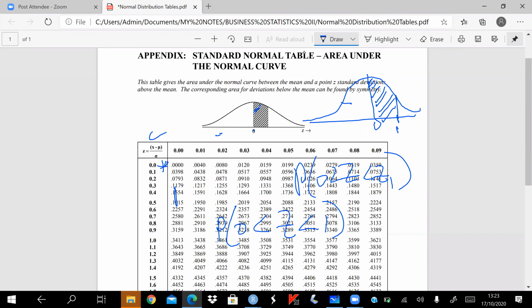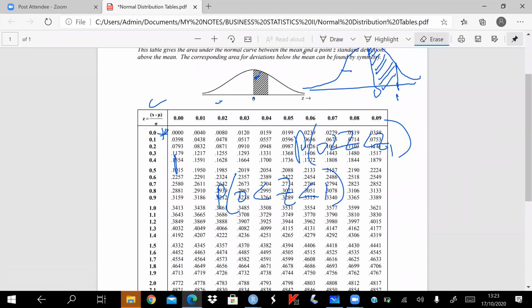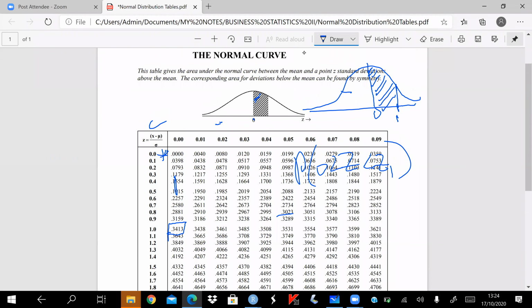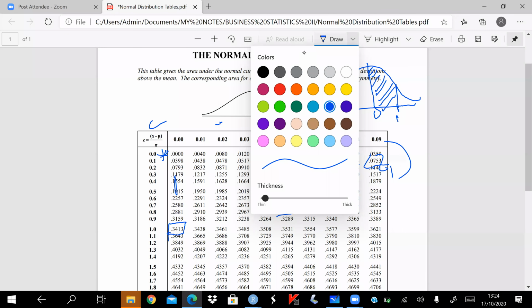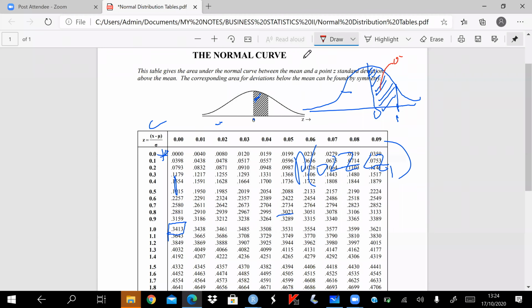You just read that probability from your tables: look for Z equal to 1. The shaded area in my diagram is 0.3413. Remember we said that from this point all the way to infinity is 0.5, and the same from this point all the way to minus infinity is also 0.5.